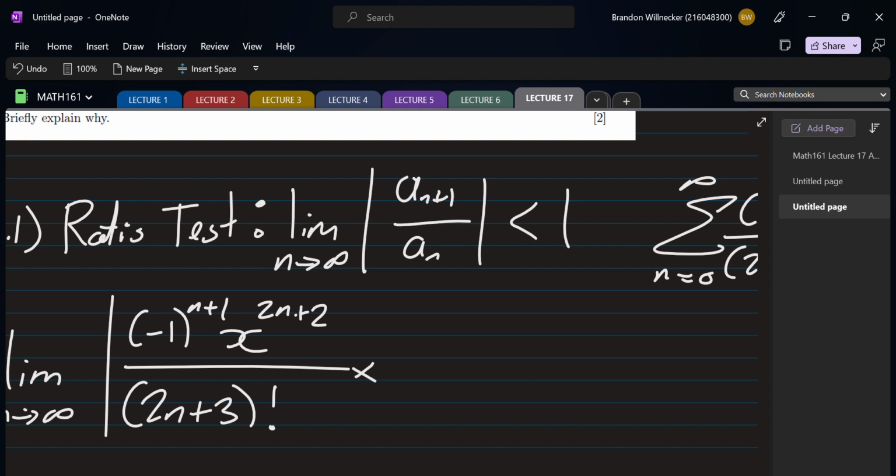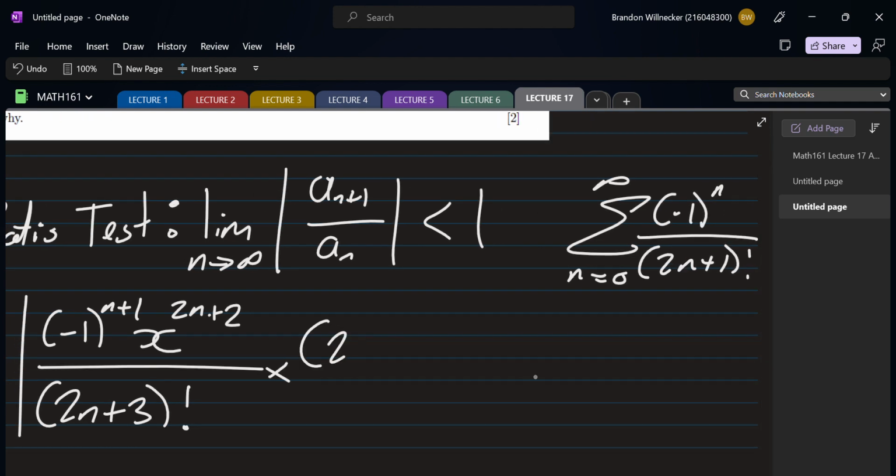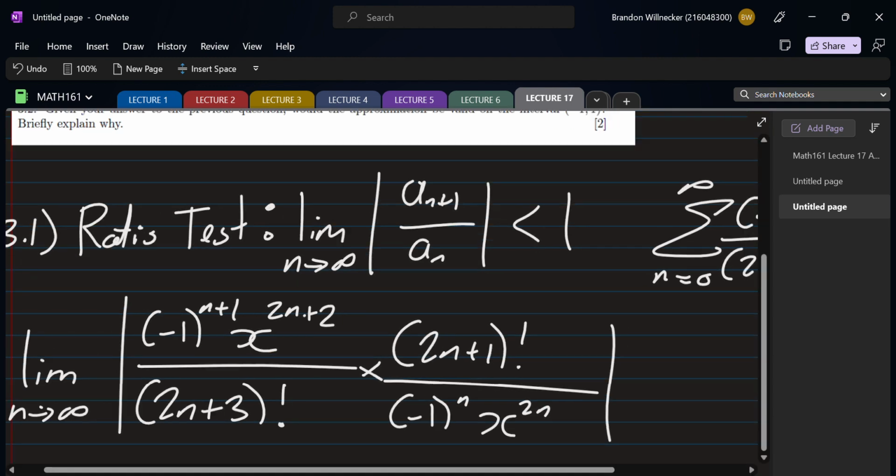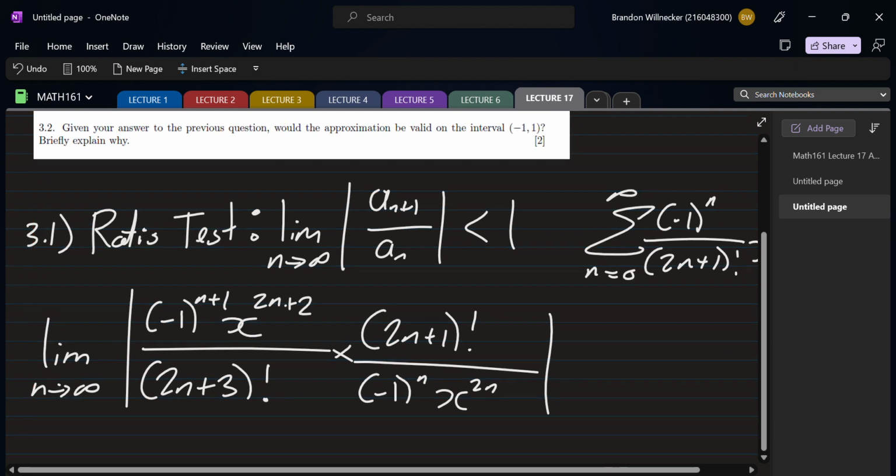Okay, so that's a_(n+1). Then we're dividing by a_n or multiplying by the reciprocal. So we can just swap the term around. So the 2n plus 1 factorial goes to the top. The minus 1 to the n and the x to the 2n now go to the bottom. Okay, or you can write it as a fraction divided by another fraction.